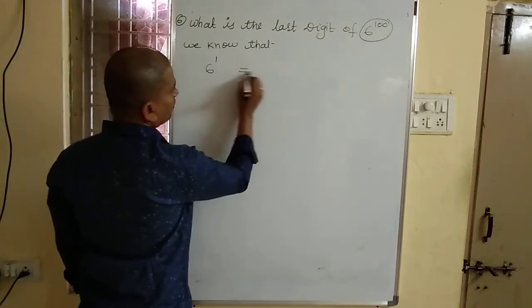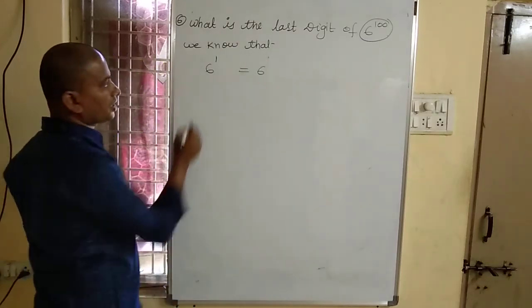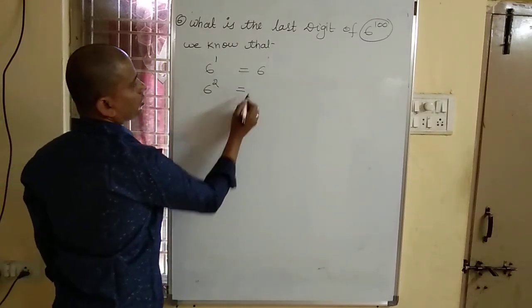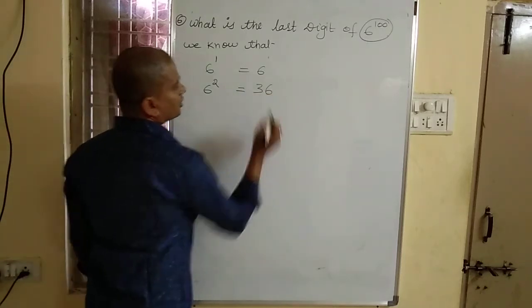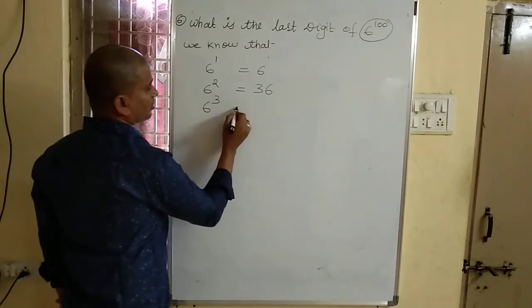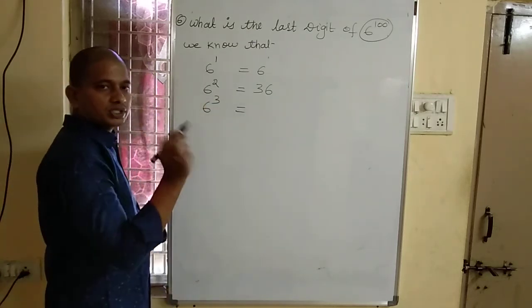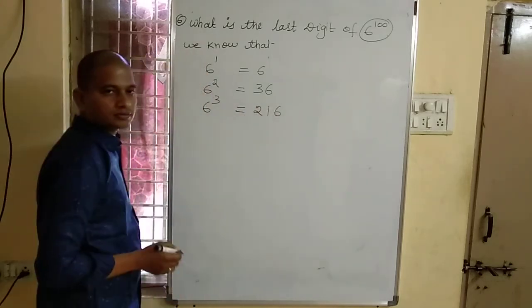What is the value of 6 power 1? 6 only. What is the value of 6 power 2? I mean 6 into 6, which is 36. What is the value of 6 power 3? 6 into 6 into 6, which is equal to 216.